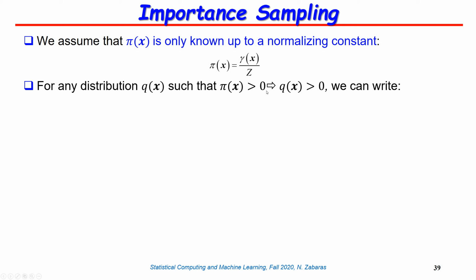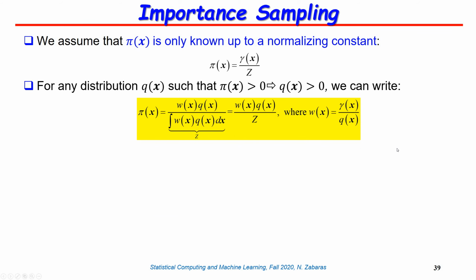So in regions where pi of x is positive, q of x is positive as well, right? And this is the fundamental equation that we use in importance sampling, and it looks very cryptic for those who forgot about it, but if you look carefully, this equation is rather trivial. So let me discuss it a little bit.